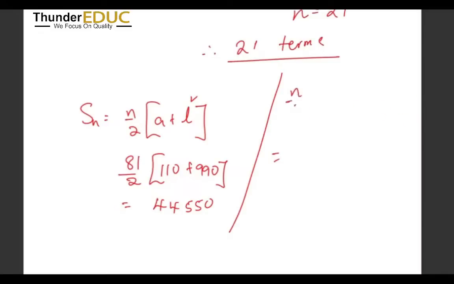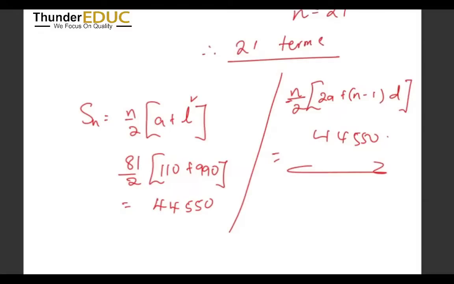We said n over 2 into 2a plus n minus 1 into d. So 81 over 2, brackets, 2 times our a, which was 110, plus 80 times 11. Yeah, we end up with the same answer, which is 44,550. So that has been confirmed.